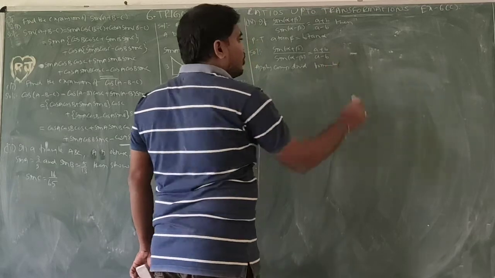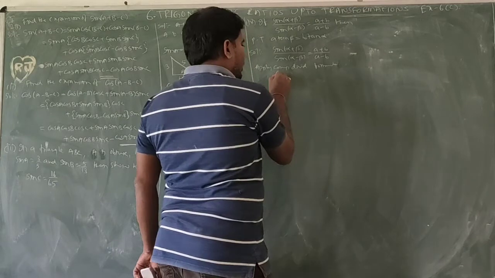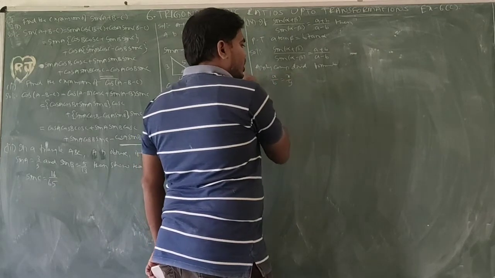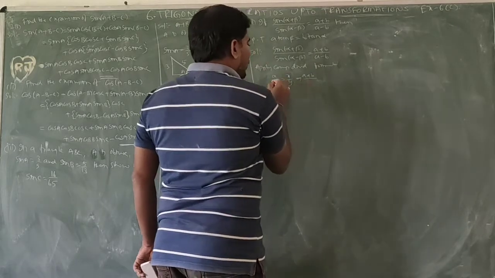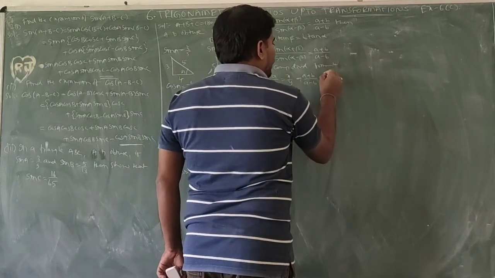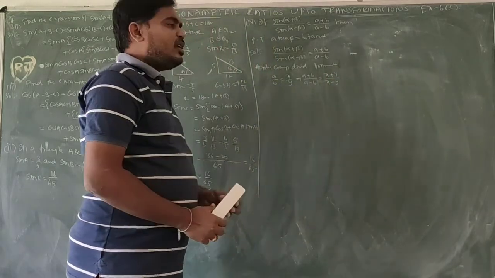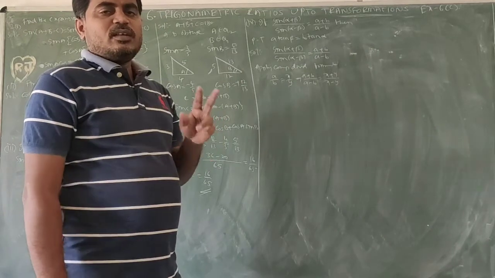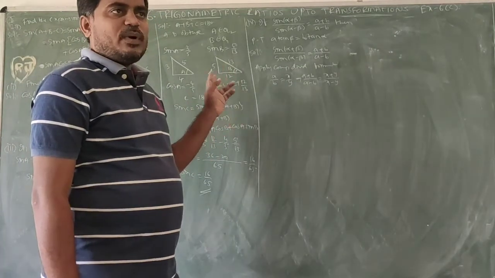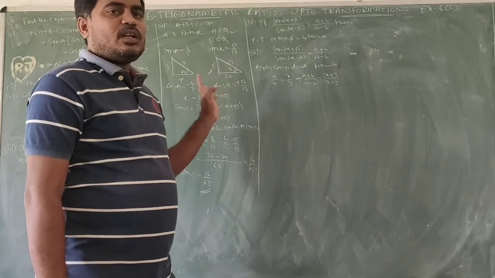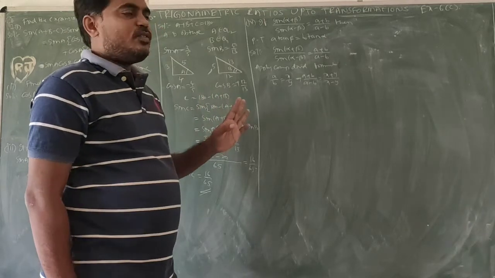Actually, what is componendo dividendo? If a by b equals x by y, then numerator plus denominator by numerator minus denominator also holds, that is, x plus y by x minus y. Simply, if two ratios are equal, then their sum to difference ratios are also equal.